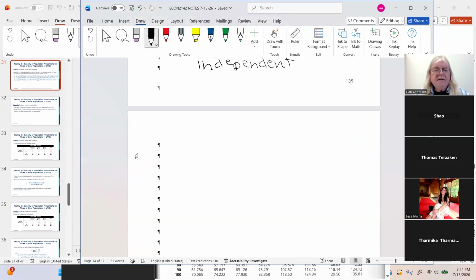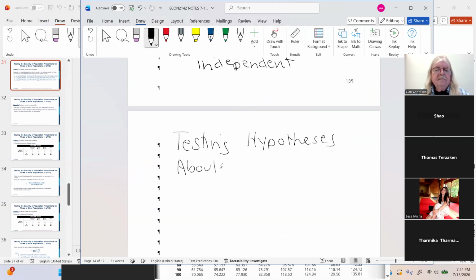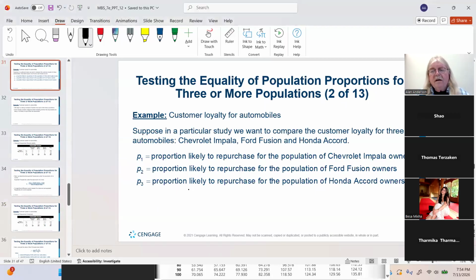Okay, so testing hypotheses. All right, so we got three. It's actually three or more. All right, we'll stick with three for now.